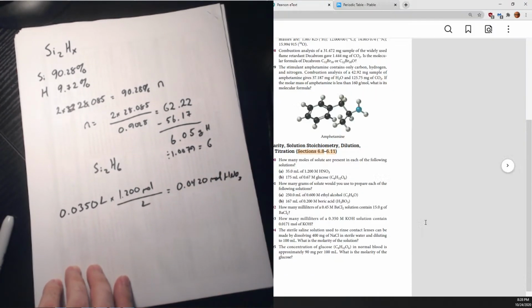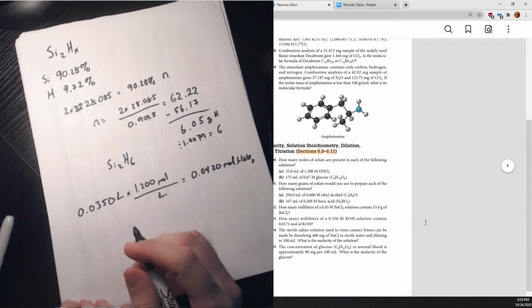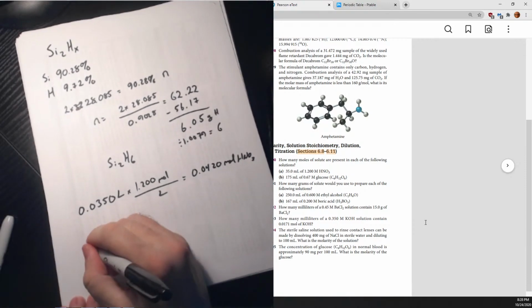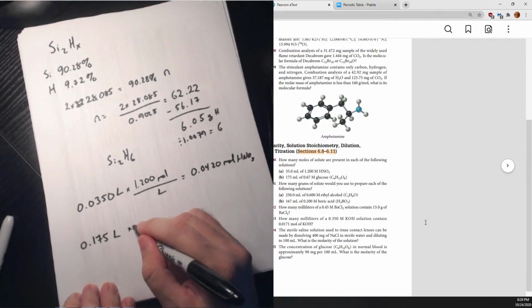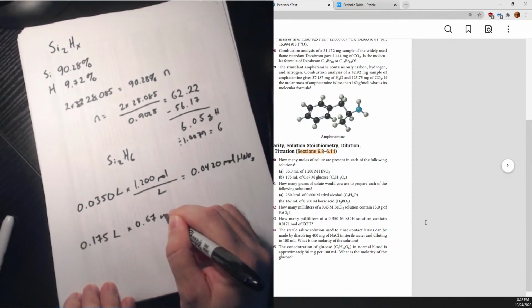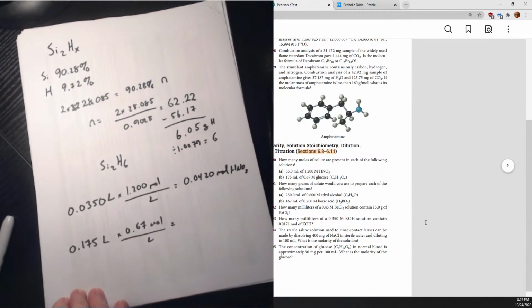And then B, 175 mL of 0.67 molar glucose, so that's 0.175 liters times 0.67 moles per liter.